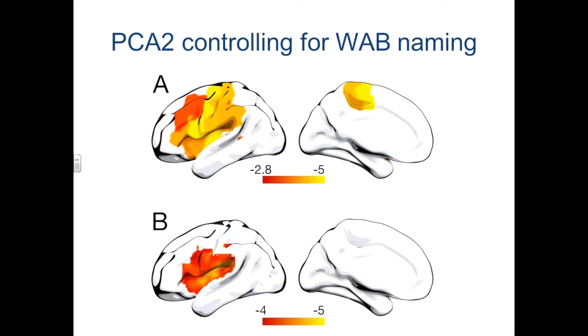And you'll see that when we control for WAB naming again, we get this distribution of voxels that are critical for performance of this component extracted from all of these variables, which again came from the natural language processing applied to the transcripts. And you can see, again, that it expands all the way to the inferior frontal gyrus, the insula, maybe some voxels there in the superior temporal sulcus into the gyrus, and the inferior portion of the parietal lobe.